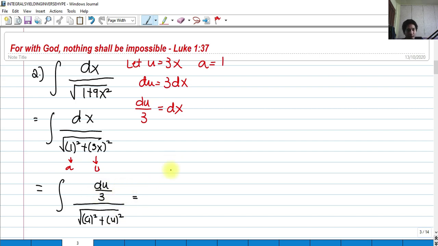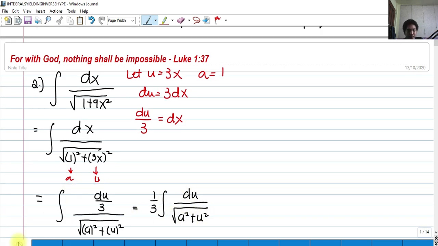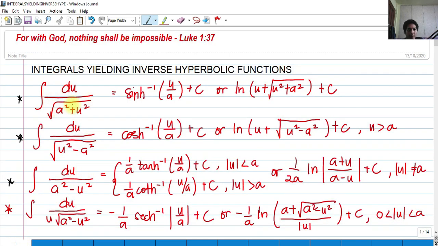Again, we can factor out 1/3 outside of the integral sign, so that we have du all over the square root of a squared plus u squared. If we go back to our formula, this formula is in terms of the inverse hyperbolic sine.